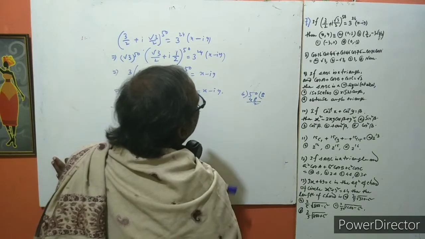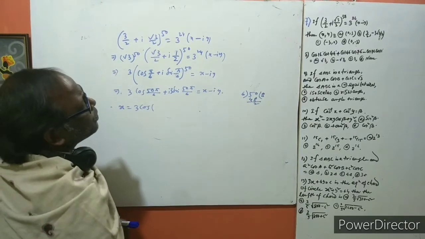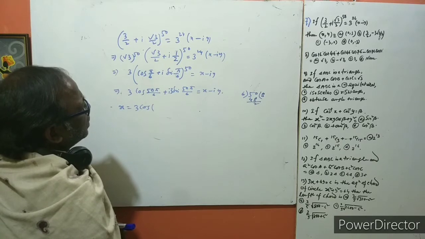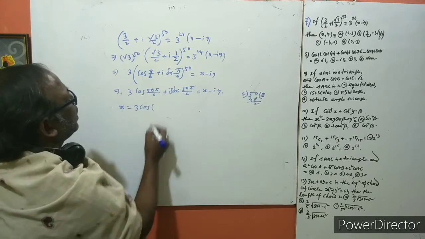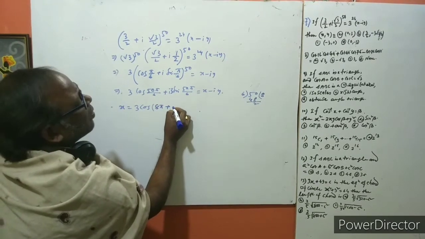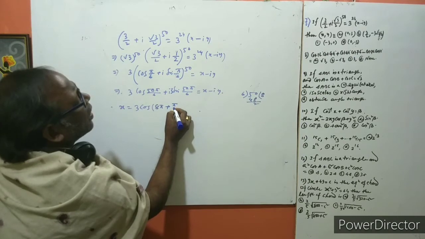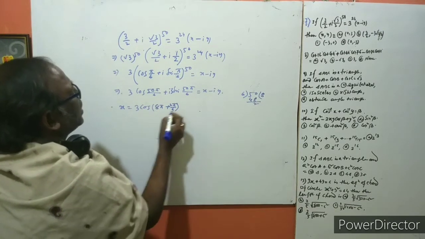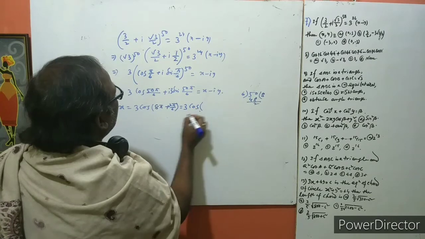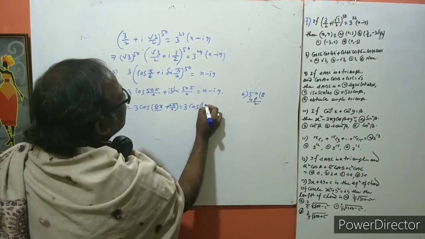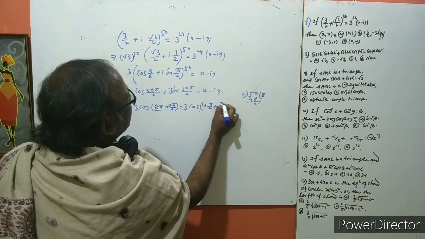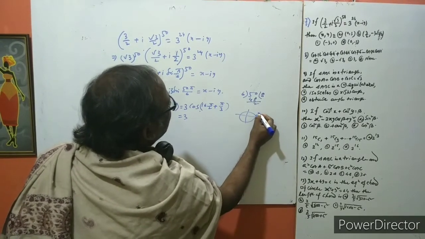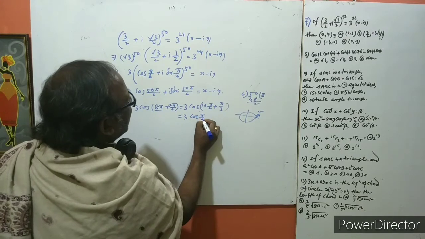This is 8 pi plus 2 pi by 6. Okay, and that is equal to 3 into cos of 8 pi plus pi by 3. 8 pi is just 4 full rotations, so again we get cos pi by 3.